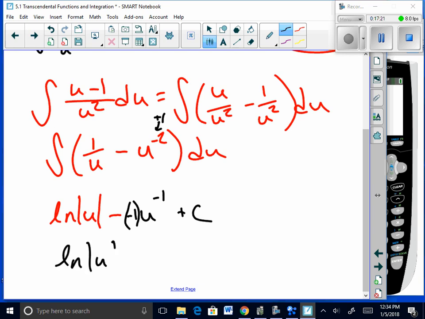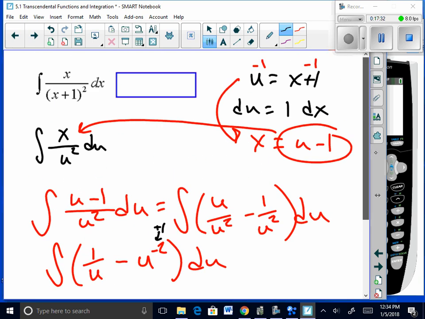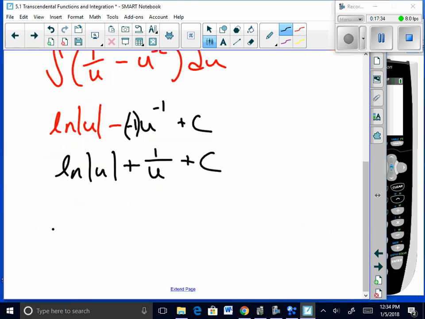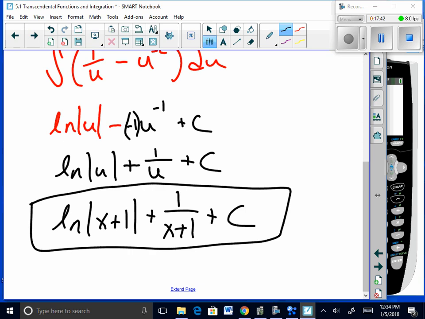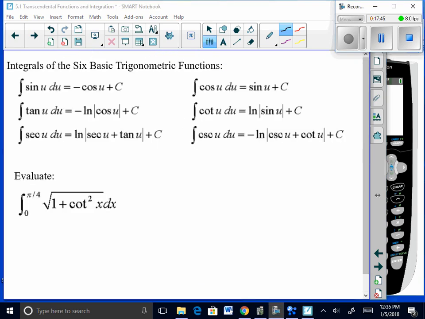So natural log absolute value of u, the negative, yep, it's a plus. And then I'm going to bring that u back down to the denominator. Yep, 1 over u plus c. And then I need to substitute back in what u was, which was x plus 1. So natural log absolute value of x plus 1 plus 1 over x plus 1 plus my constant. There's my answer.